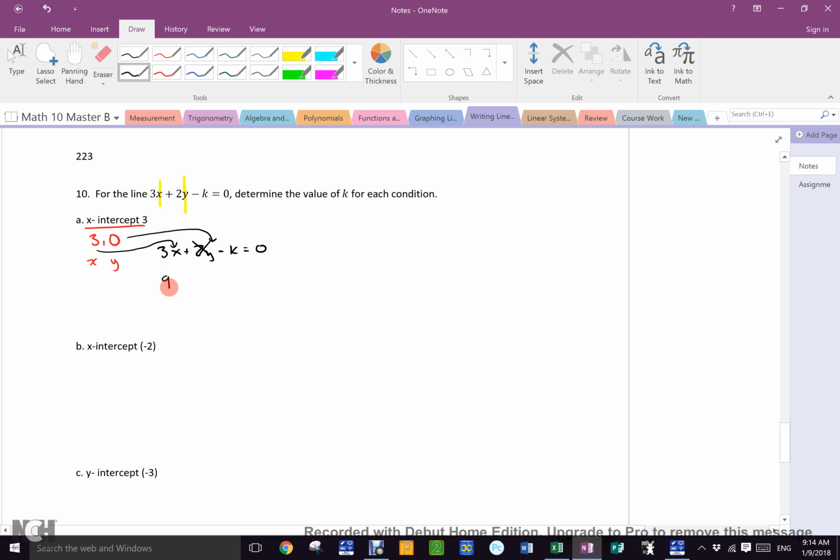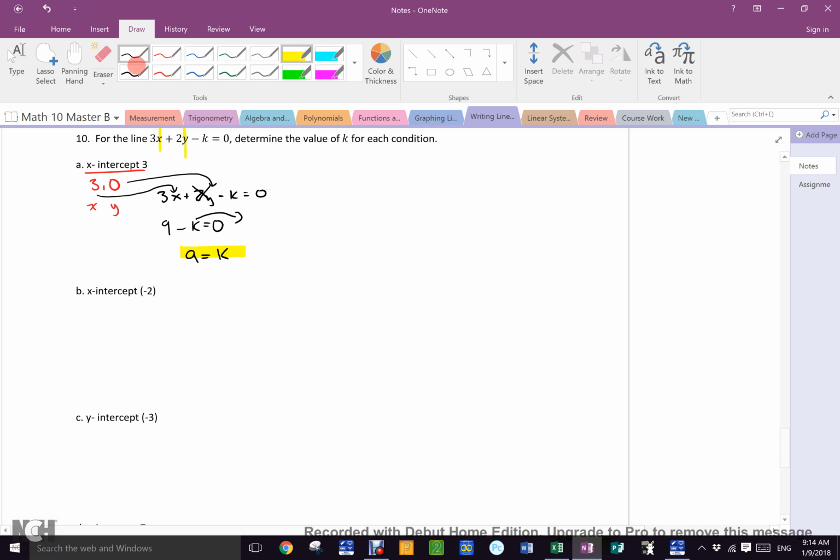Right there. So I would have 9 minus k equals 0. I'm trying to find k, aren't I? So what do I do to get k by itself? Move k over here. So 9 equals k. Everybody cool? So now you should be able to do the rest of these, right? By yourself, yeah? So let's do that.